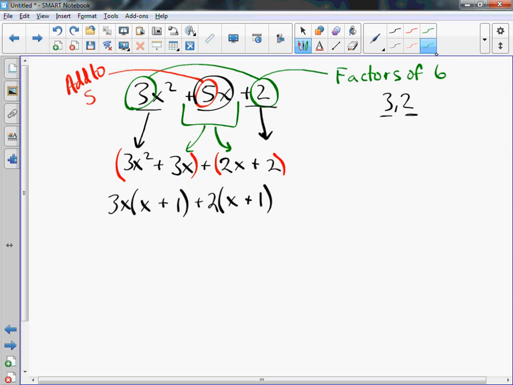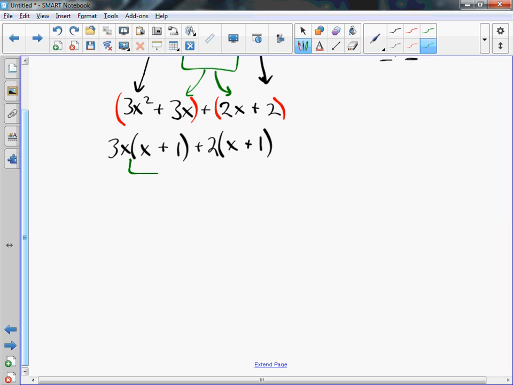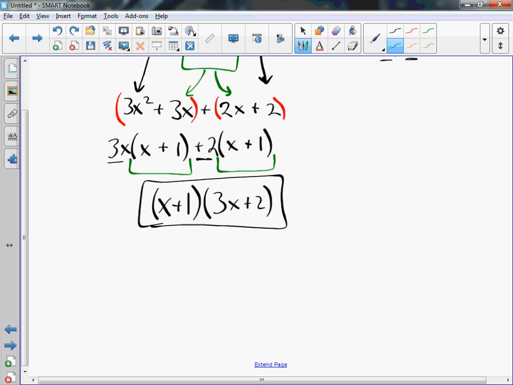Now, just like we have in the past, both terms share an x plus 1. So I take an x plus 1 out, and I'm left with 3x plus 2. Two binomials, x plus 1 times 3x plus 2.